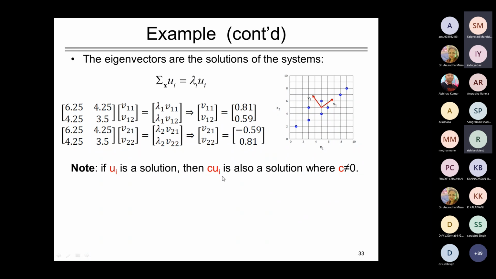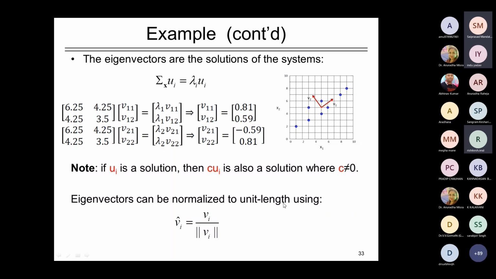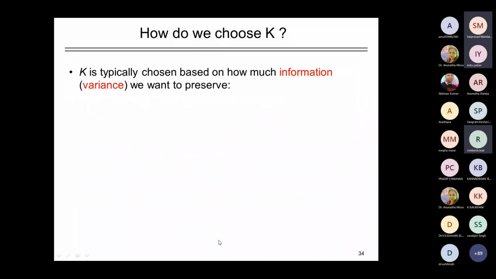So u_i is a solution, and c u_i is also a solution if c is not equal to 0. Eigenvectors can be normalized to unit length using u_i hat equal to u_i divided by the norm of u_i.